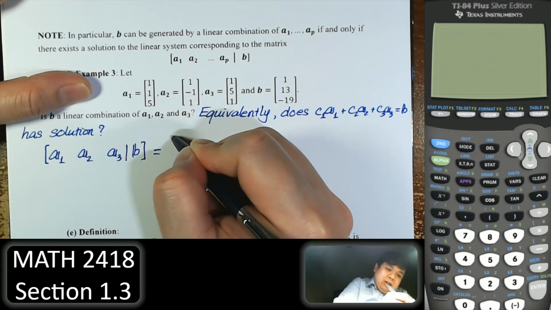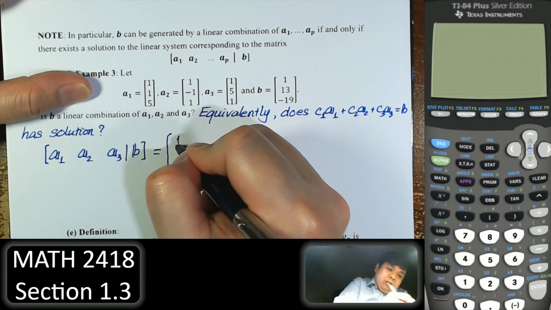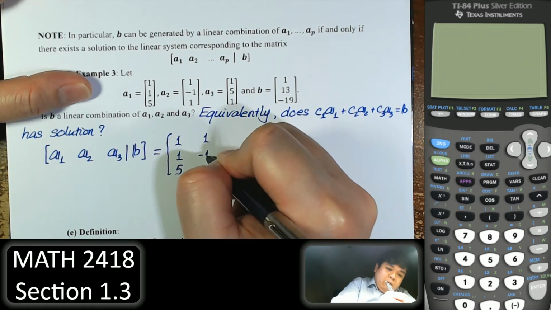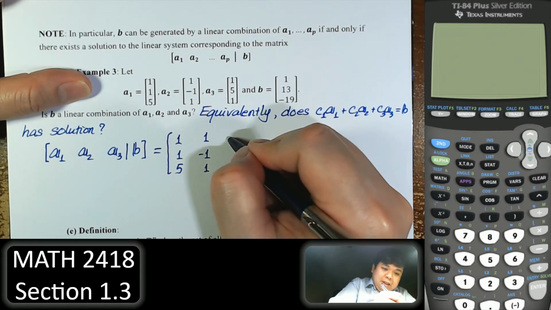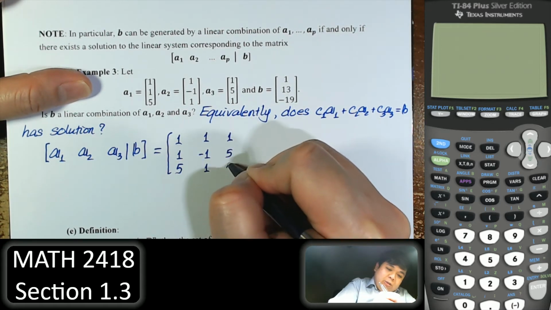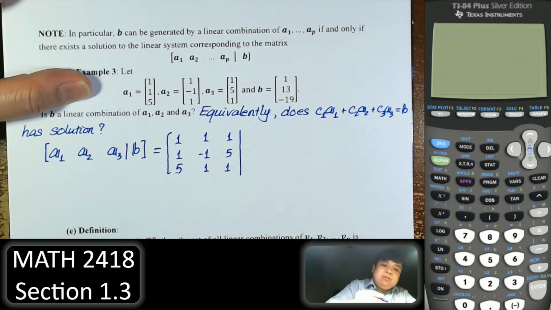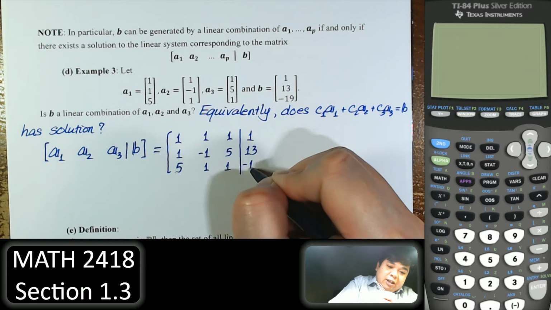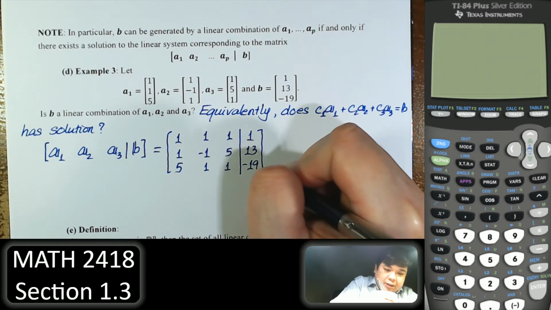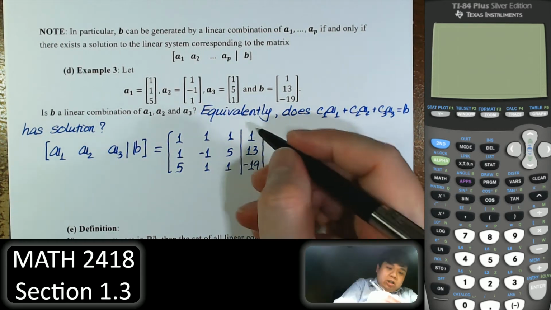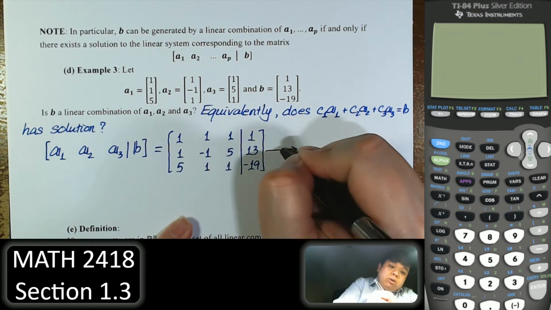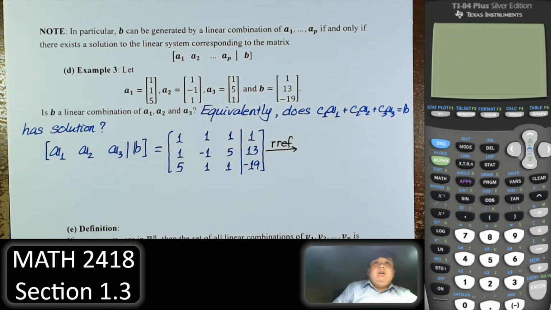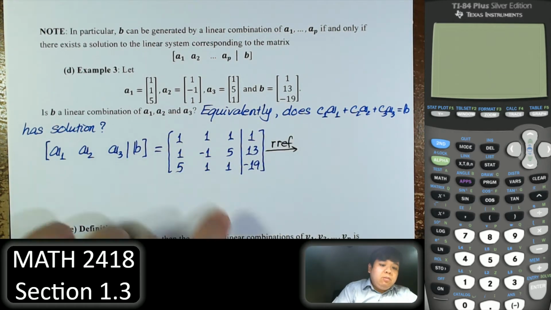Which is equivalently equal to 1, 1, and 5, 1, negative 1, and 1, 1, 5, and 1. The bar, vector B, 1, 13, and negative 19. And they are not equal, so that's why I draw an arrow instead. So perform reduced row echelon form for this augmented matrix.